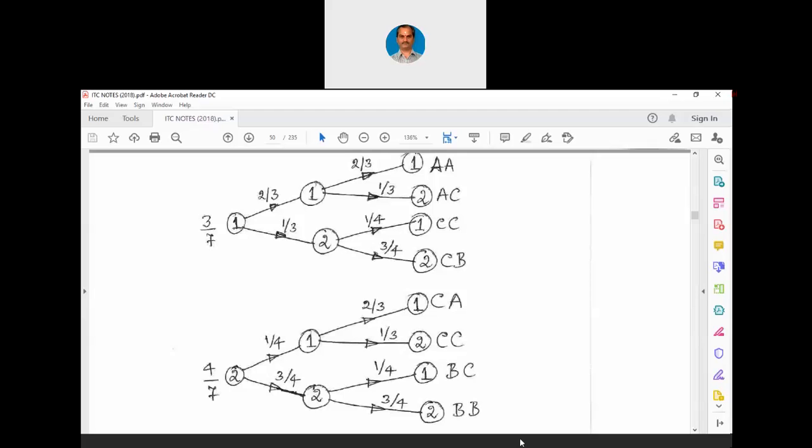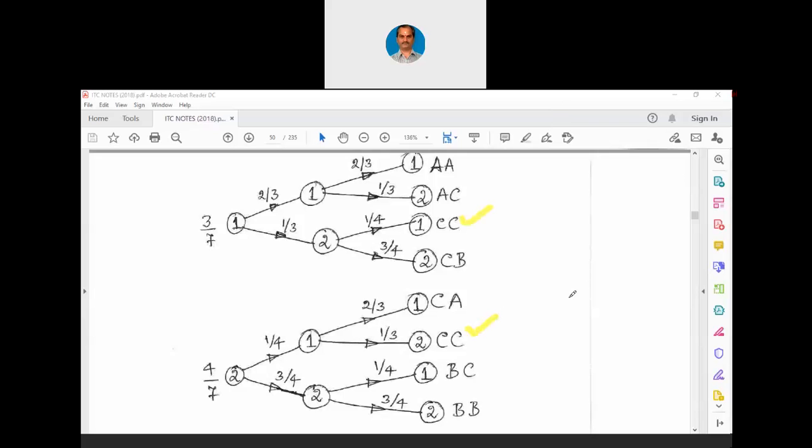Now we have G1 and we have G2. In G2, we have these many sequences: AA, AC, CC, CB, CA, CC, BC, BB. Now you can see there are common sequences. CC is common here and here. Only CC is common. No other sequence is common.